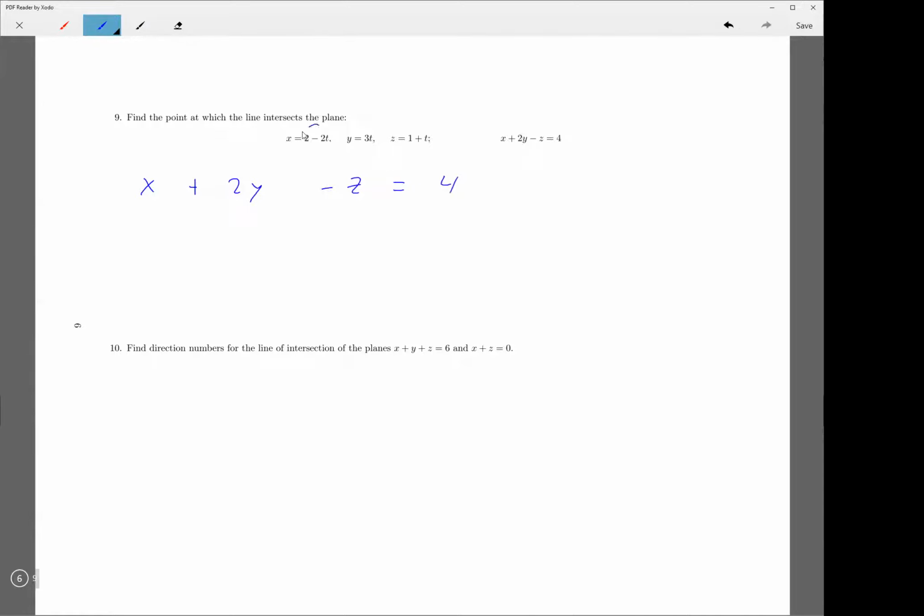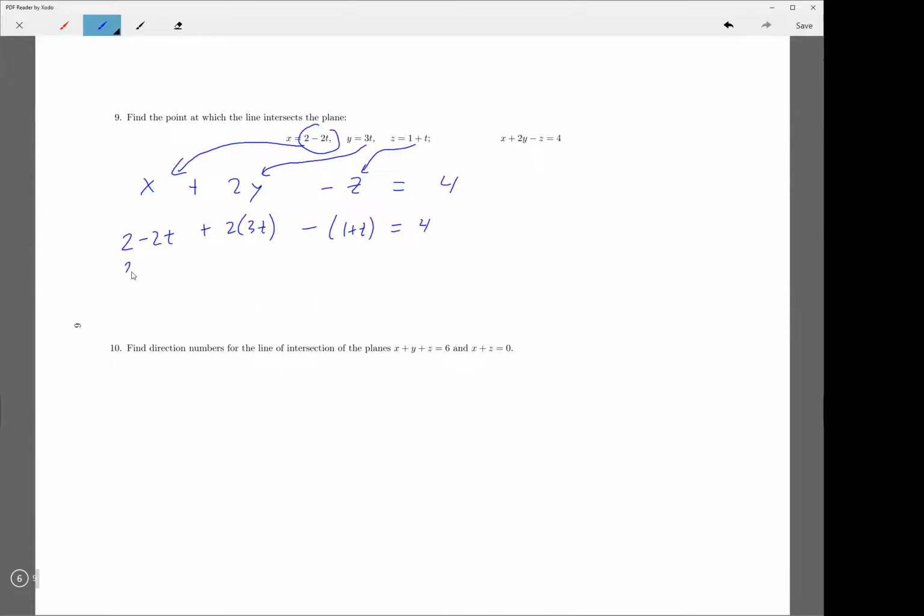You have that, right? So this can go in to there, and that's going to give you 2 minus 2t. And then the y goes in to there, and then the z goes into there, and you get that. So we have this big equation here.